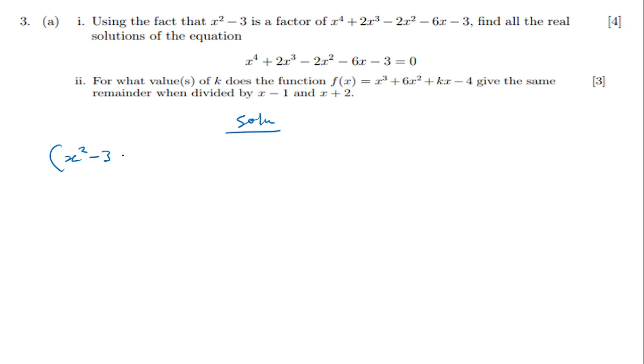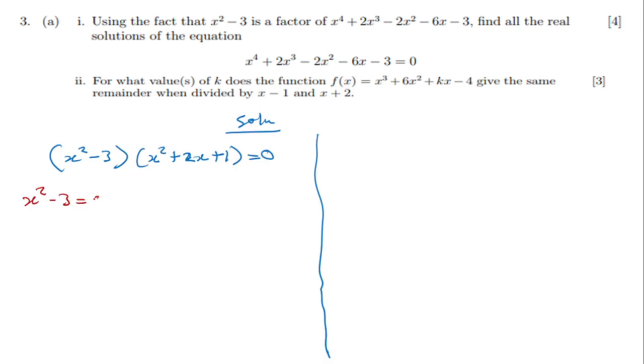Since I'm solving an equation, I'll separate these two guys. So I'll say x squared minus 3 is equal to 0, and x squared plus 2x plus 1 is equal to 0. Then I'll solve each one independently.